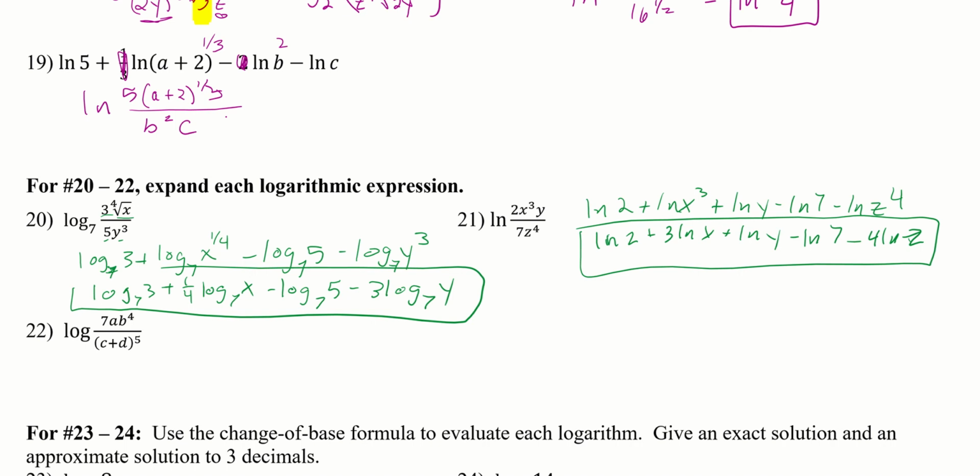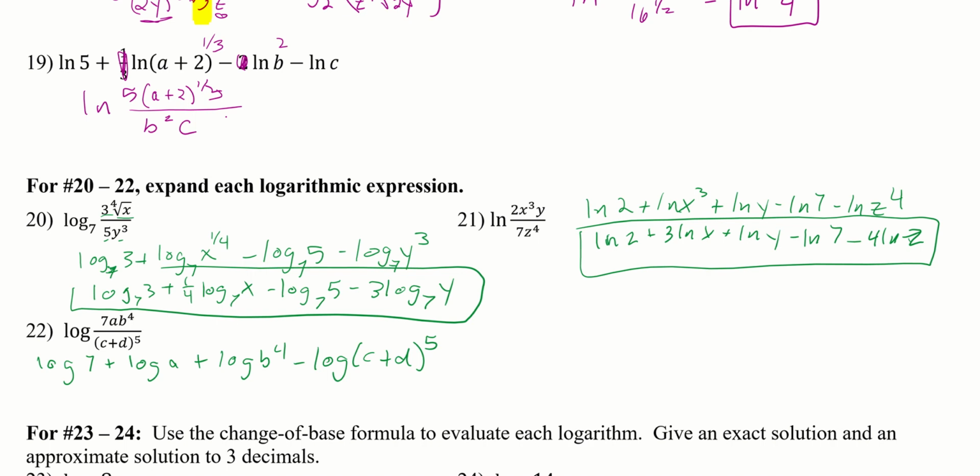Nice. Our last one here is just a long one. We're going to have log 7 plus log a plus log b to the 4th minus log of c plus d to the 5th. So we can group those together because they're in the parentheses.